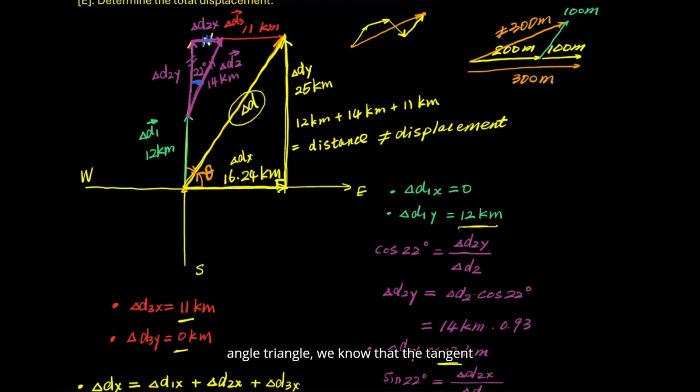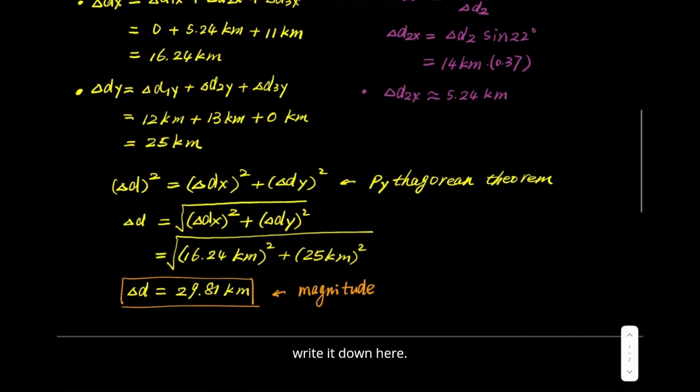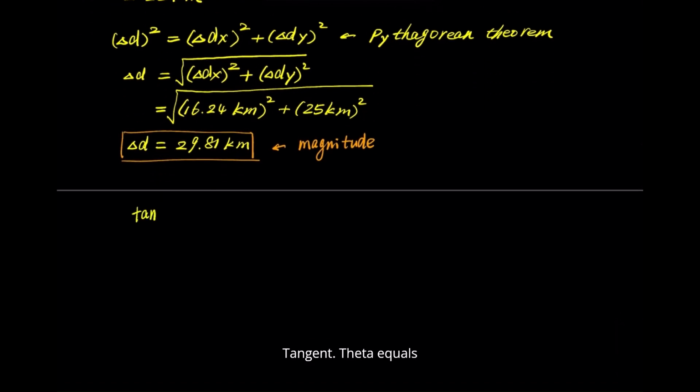In this right angle triangle, we know that the tangent of an angle is equal to the length of the opposite side divided by the length of the adjacent side. Tangent theta is opposite side, delta dy, divided by delta dx. Tangent theta equals delta dy divided by delta dx. And delta dy is 25 kilometers.